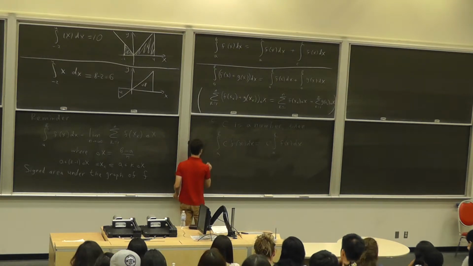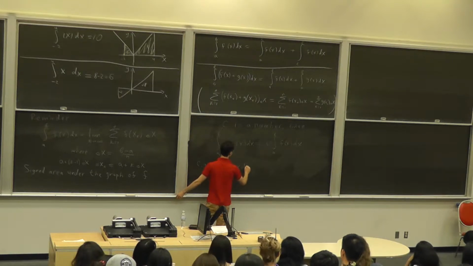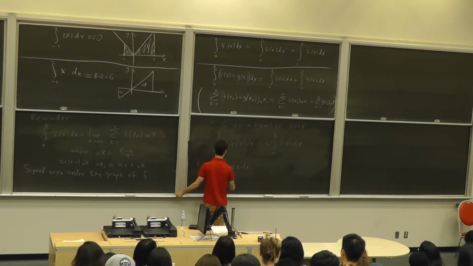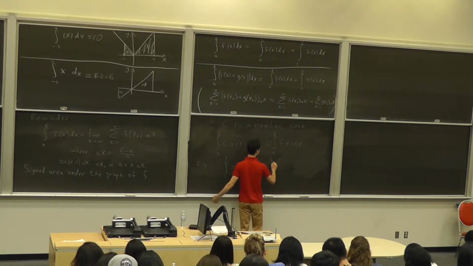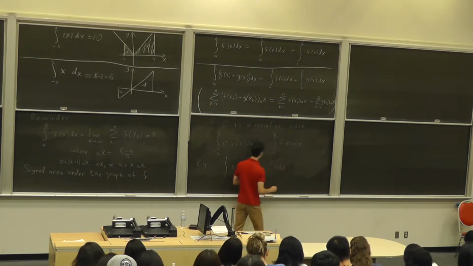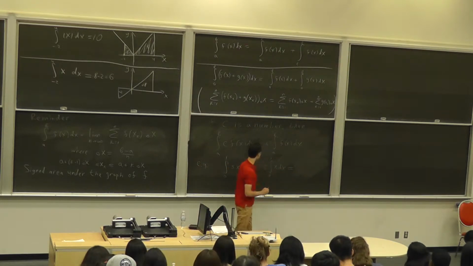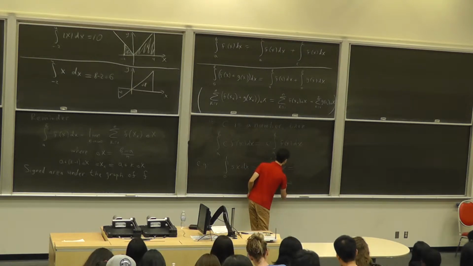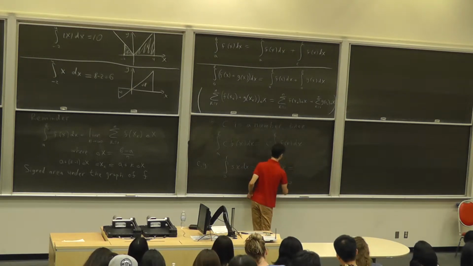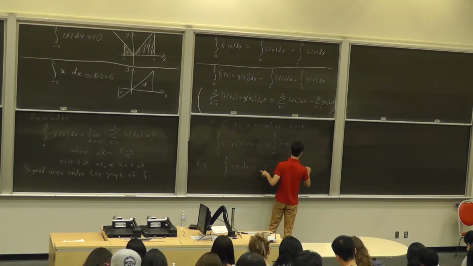So, for instance, the integral of 5x dx from 0 to 1. So it's 5 times the integral from 0 to 1 of x dx, according to this property. And the integral of x dx from 0 to 1 is a small interval. So it's 5 times 1.